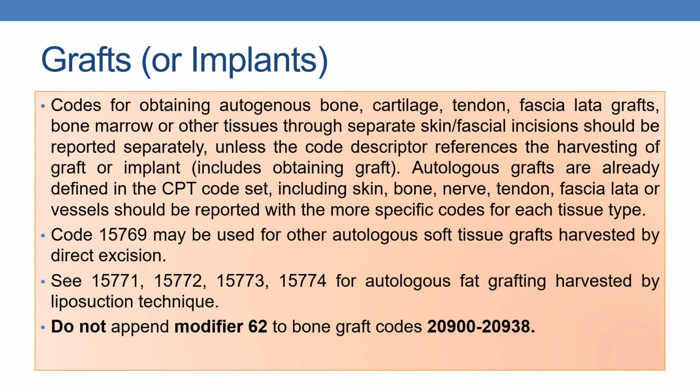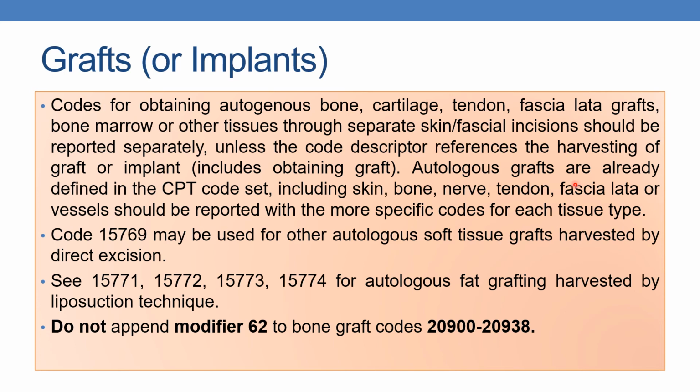Now coming to grafts or implants, the codes for obtaining autogenous bone, cartilage, tendon, fascia lata grafts or bone marrow or other tissue through separate skin or fascial incisions should be reported separately unless the code descriptor refers to the harvesting of graft or implant.